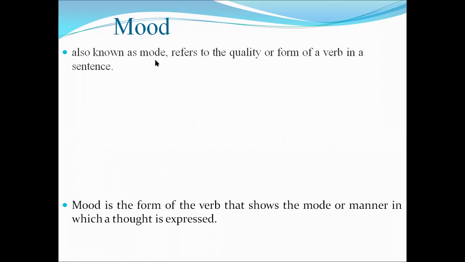Another name for this is mood. It refers to the quality or form of the verb in a sentence. You saw commonly three types. There are 4 and 5 types also according to linguists, but basically we can categorize mood into 3 types as we discussed earlier, right?